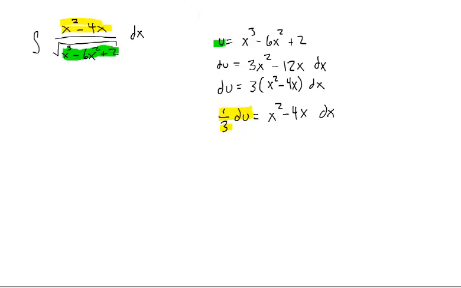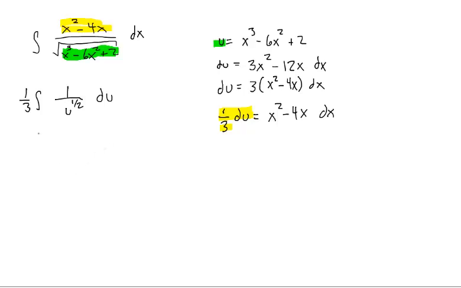So now let's do the substitutions. I always like to put my constants on the outside, so I'm going to put the 1/3 on the outside. And then we have left 1 over the square root of u, and we could write that as u to the 1/2 in the denominator, du.